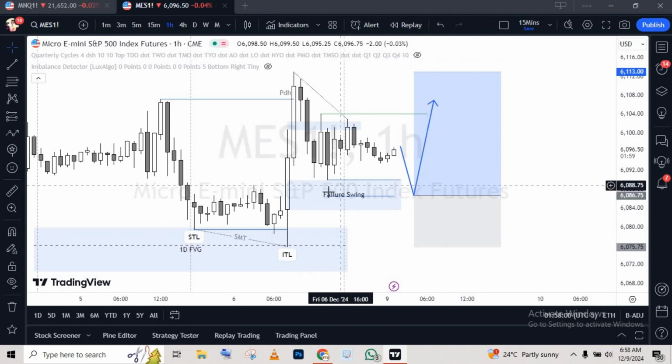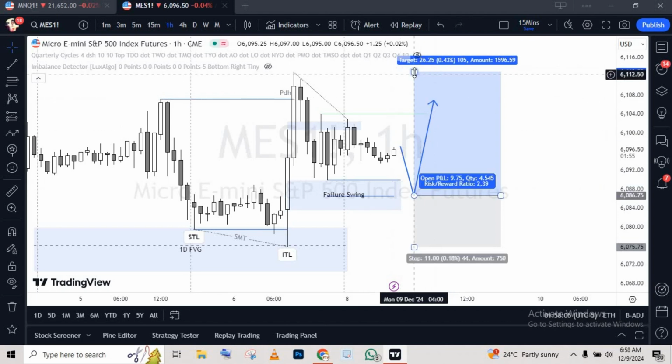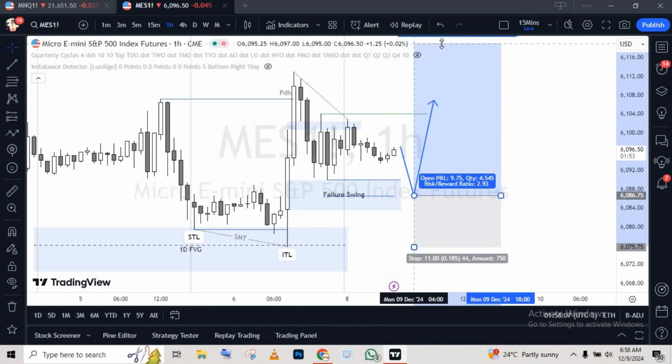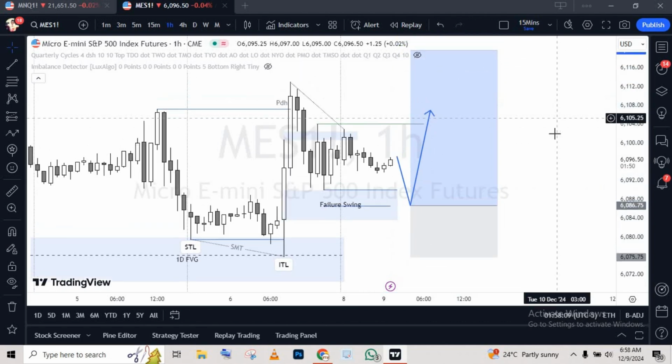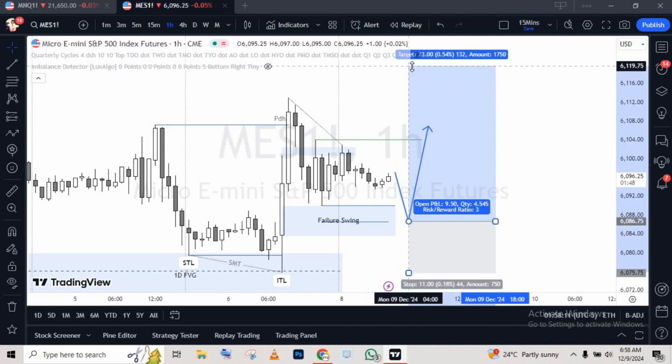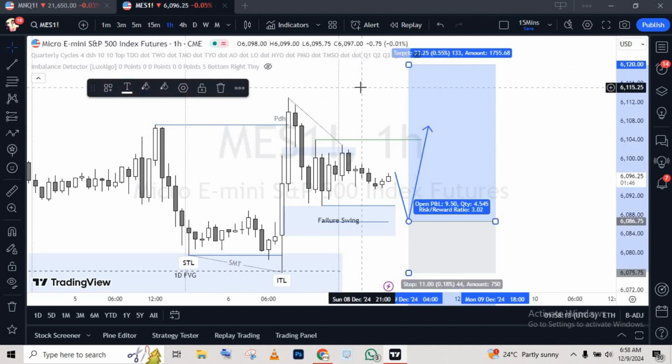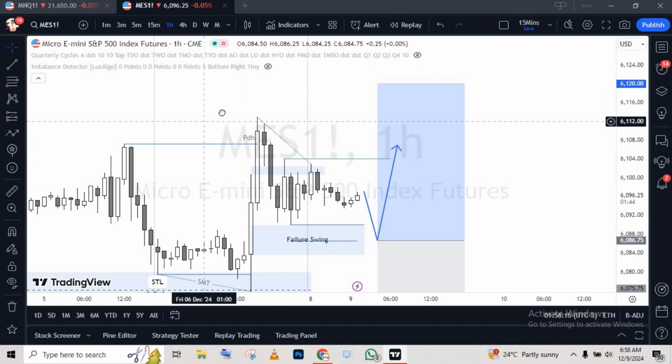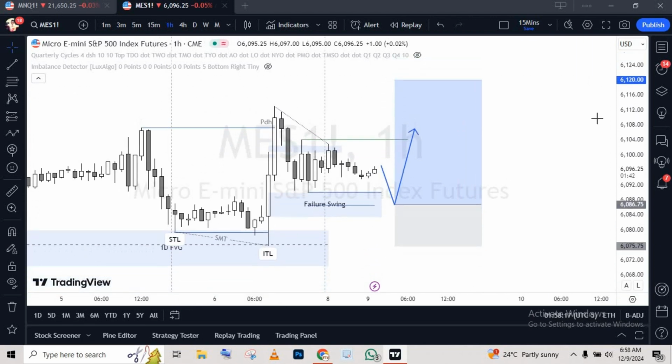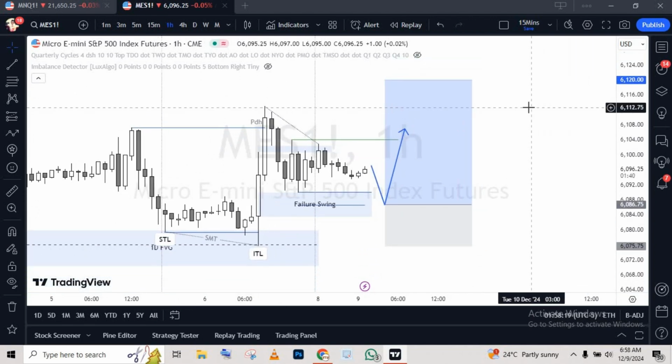So I'm looking for a failure swing inside of OTE, and then we should just keep on buying. Probably gonna go for a 3 hour right there. Yep. And this is basically my view on ES today, Monday.